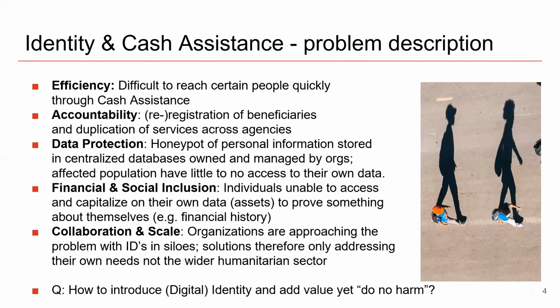Going through the problem statement of what we were trying to attack: it is the use of cash assistance, usually in refugee camps, and how identity might solve some of the challenges that we see in this work. It's related to efficiency. It's hard to reach certain people quickly with cash assistance, specifically through voucher programs.